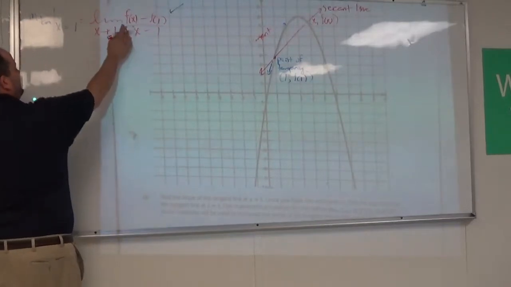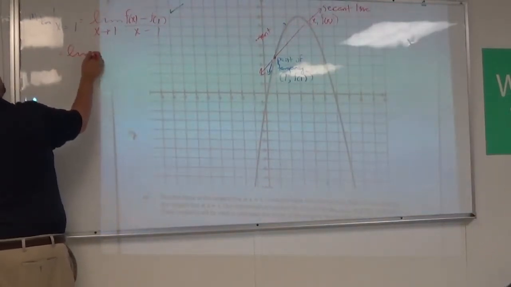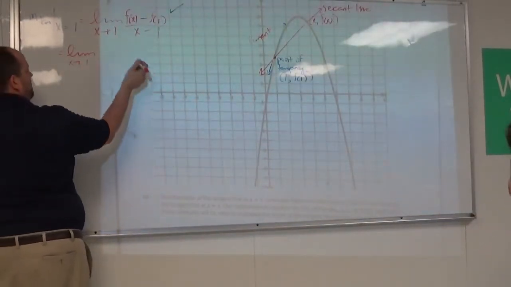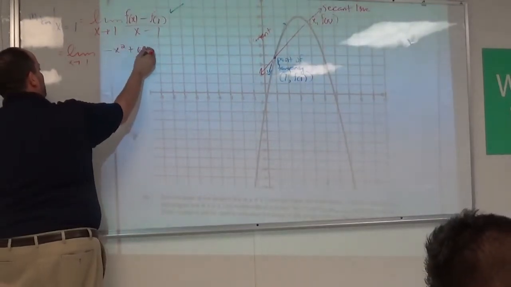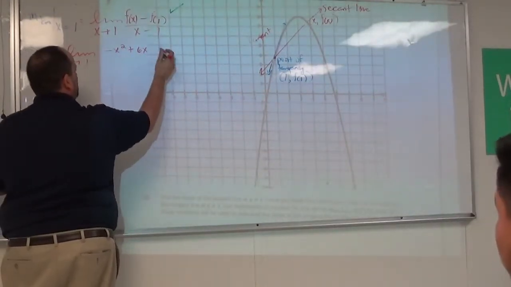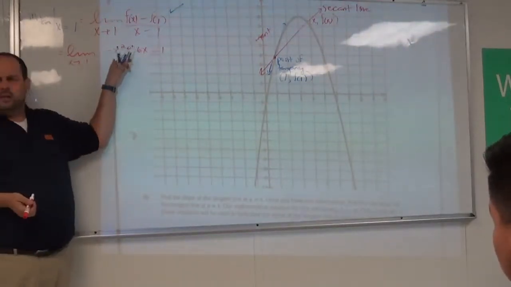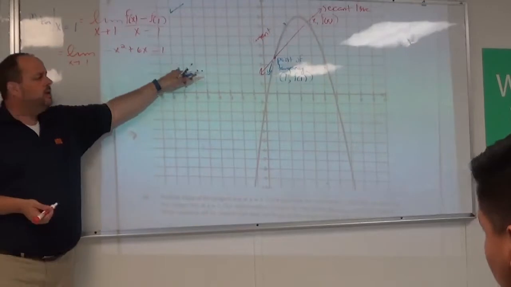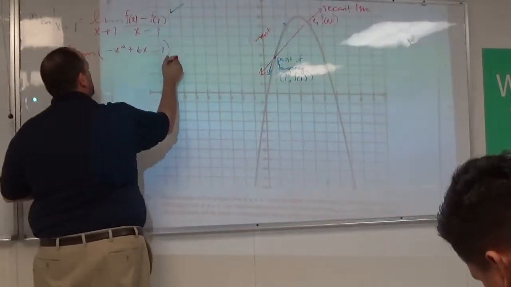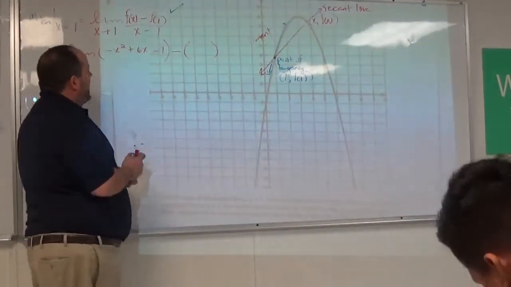Well, to find the limit, I need to know what f of x is. F of x, that's the name of the function. Is it negative x squared plus 6x minus 1? It's at the top of the paper. Yes. Okay, that's f of x minus f of 1.